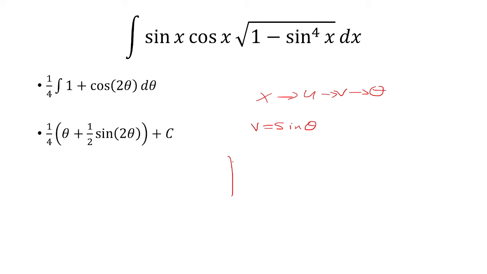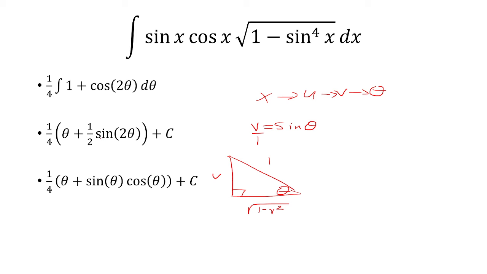So if I were to draw a triangle, we'll call this angle theta. Sine of theta is v. Think of this as v over 1. Sine is opposite over hypotenuse. Pythagorean theorem says this is the square root of 1 minus v squared. Okay, so keep that in mind.